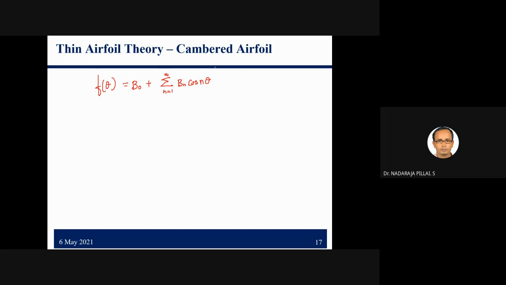So we can calculate B naught and Bn, and then we can calculate A naught and An also. I recommend you to do it by yourself, and I will write the direct equation.